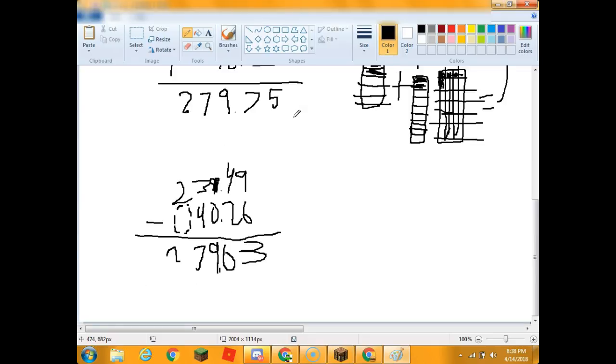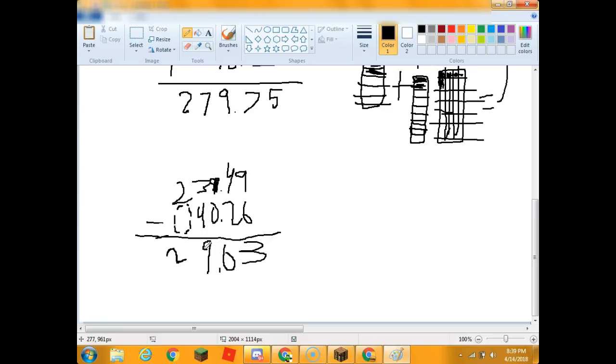Wait. No, I made a mistake. Okay, that's not the answer. And I accidentally added for the last 2. I always get mixed up with those 2, sometimes even in math class. So 9 minus 0 is 9.